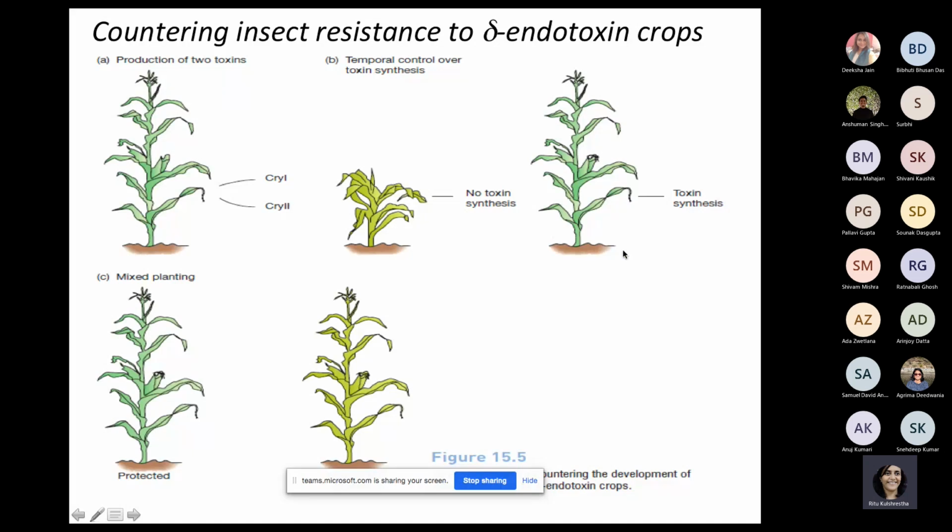Or you have a temporal control over the production of these toxins, or it can be in a particular organ dependent manner. Means you can design promoters which get activated only in a particular tissue and at a particular time, so that the insects are not always exposed to these toxins, and then develop strategies to resist the death. And third is that you can also go for mixed planting.